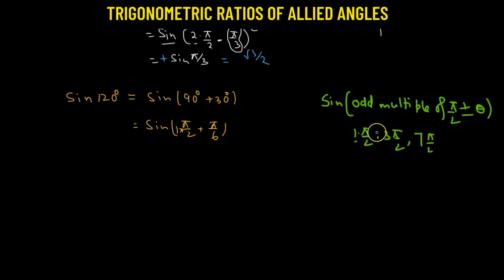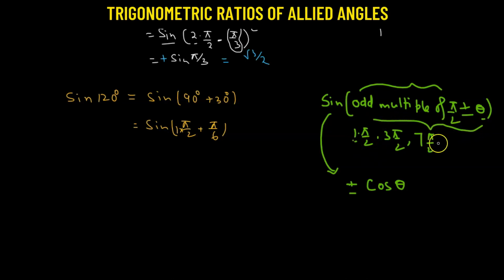As long as this is an odd number, then sine will become cosine, and we only have to mention the angle theta. Then coming to the sign, it could be either positive or negative, depending on which quadrant the entire angle lies in. Fine, so let's try to do this problem.